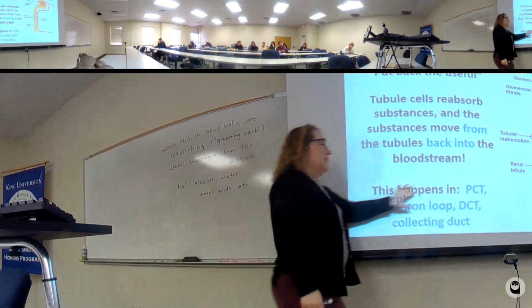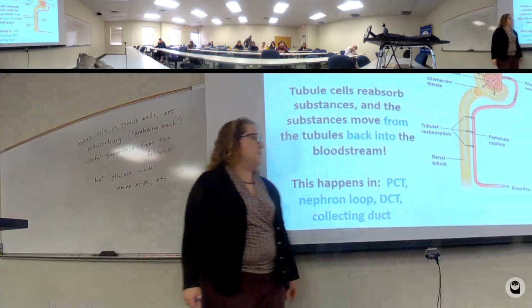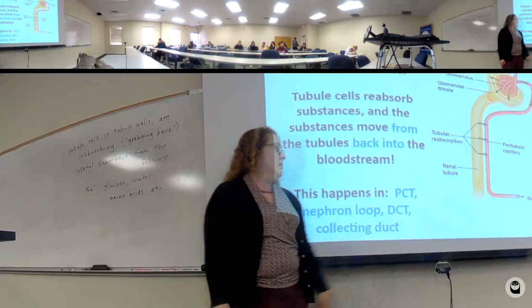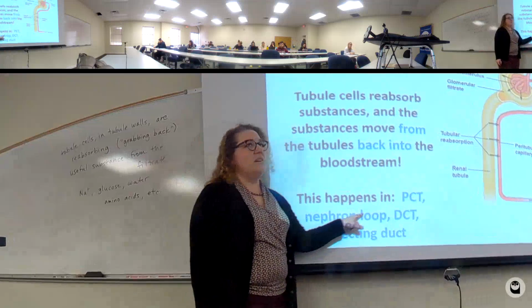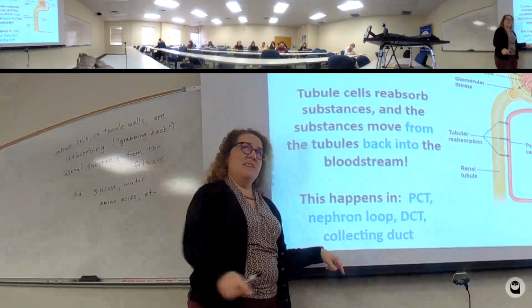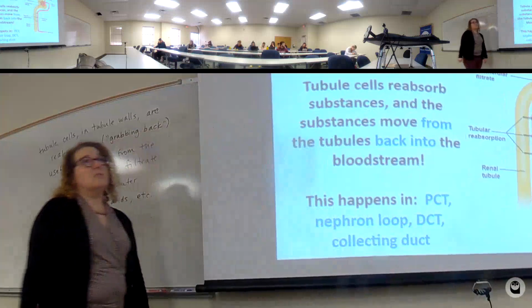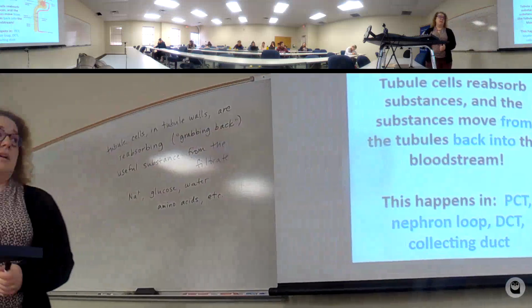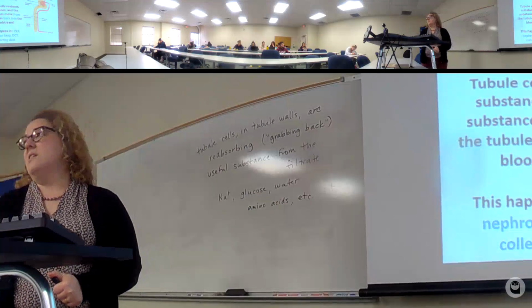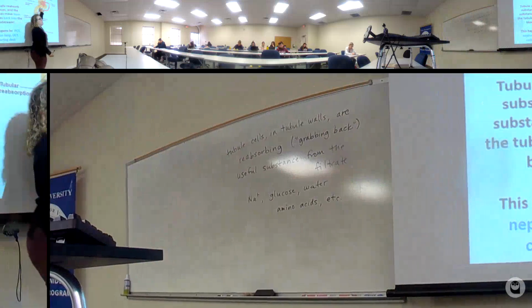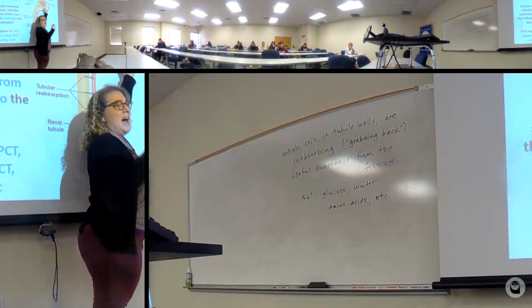And this happens in a lot of different places in the tubule system. So this stands for proximal convoluted tubule. And it happens in the nephron loop, that diving down of the tubule. It happens in the distal convoluted tubule and a little bit in the collecting duct. So this basically happens everywhere except the glomerular capsule, this gathering back.